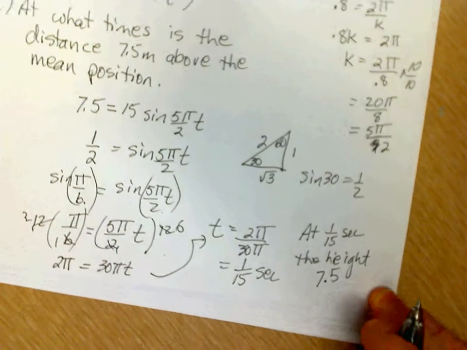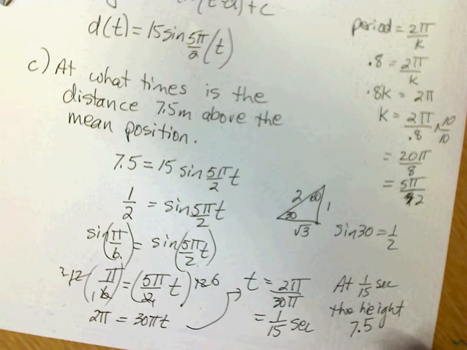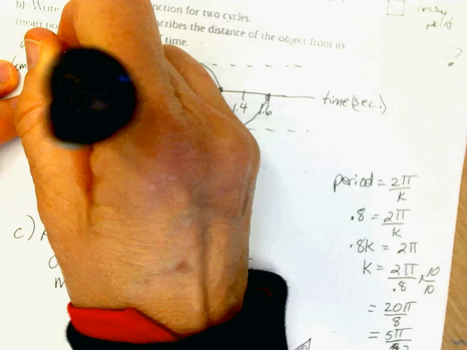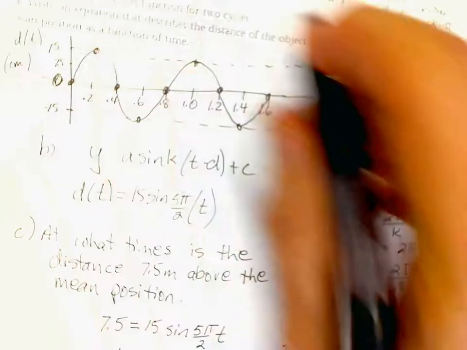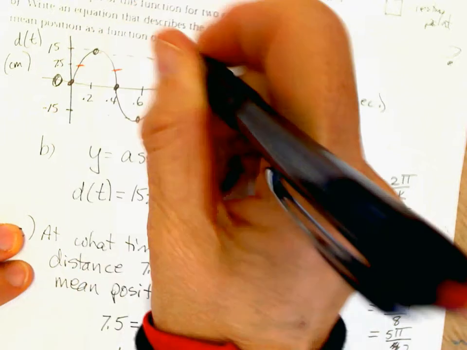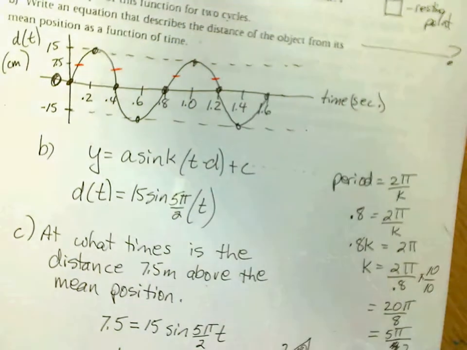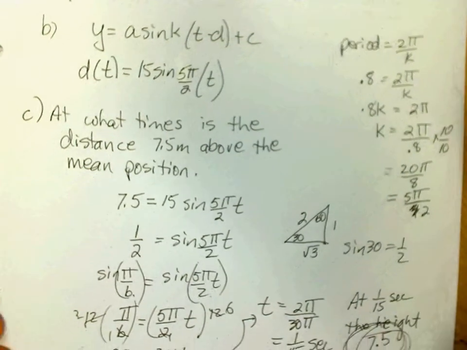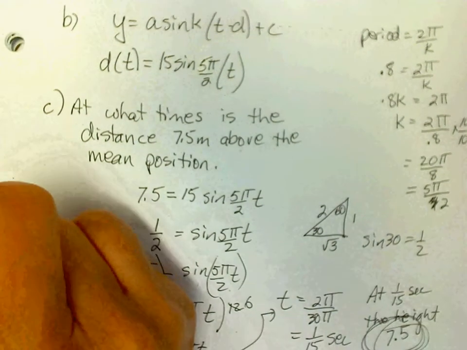Do you see the 7.5 occurs here, here, here, and here? Agreed? So, what are other times it's 7.5? We got 1 over 15 seconds. How could we calculate this one?